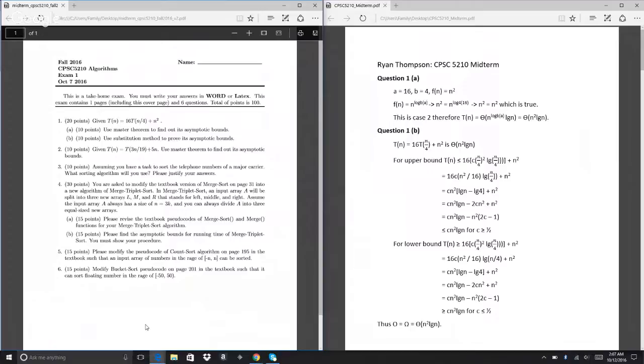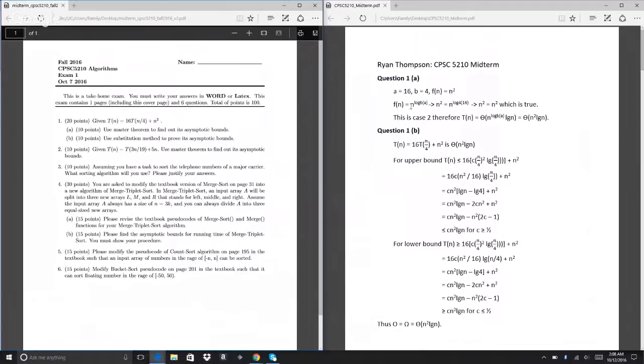Question 1 asks you to use the master theorem to find its asymptotic bounds. So, given the master theorem form, a is equal to 16, b is equal to 4, f of n is equal to n squared.